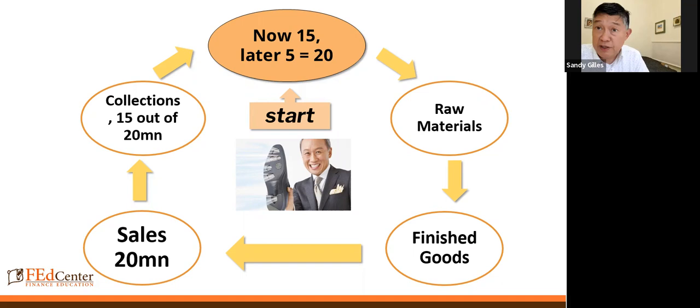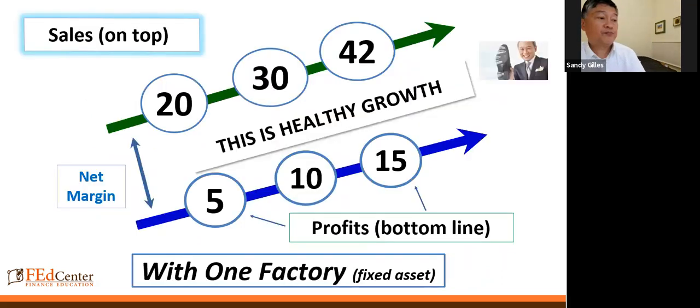Your sales should be about 20 million. And then your collections could be immediately 15 million out of the 20. Later, you collect the remaining 5 million. So you have 20 all in all. And with 20 million, you can buy more raw materials and produce more finished goods.